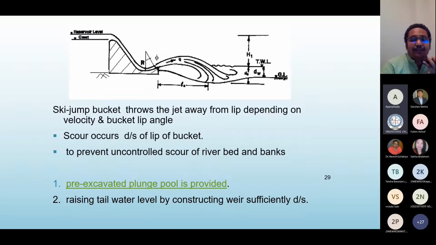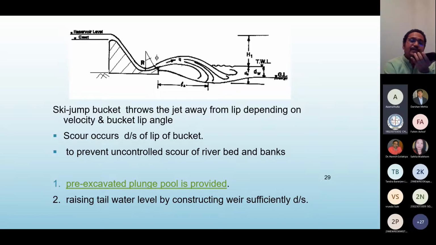You are all aware from high school that the maximum range is u squared sine 2 theta by g, so if theta is 45 degrees, we think it will go very far. Scour takes place due to high velocity jets downstream of the bucket, so to prevent uncontrolled scour of the banks there are only two alternatives.